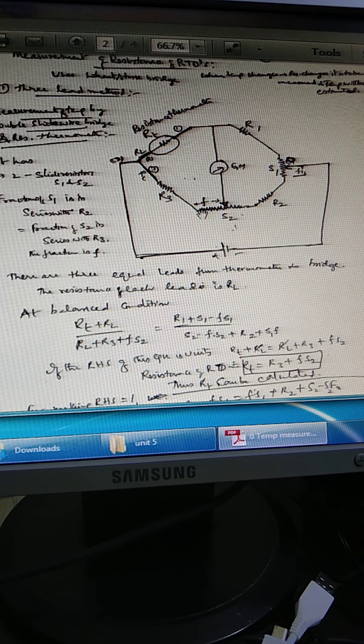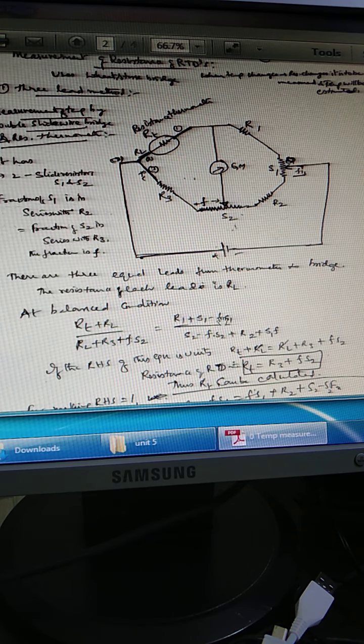This can be obtained by total resistance S2 minus FS2. So S2 minus FS2 is this resistance plus R2, and this resistance is FS1. So this is the balance equation.